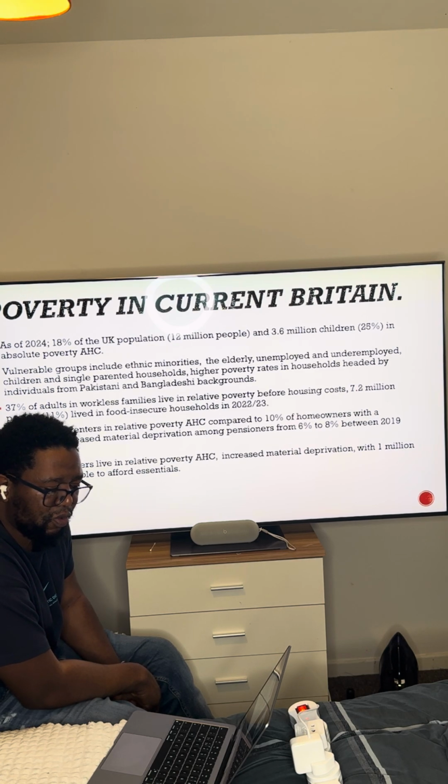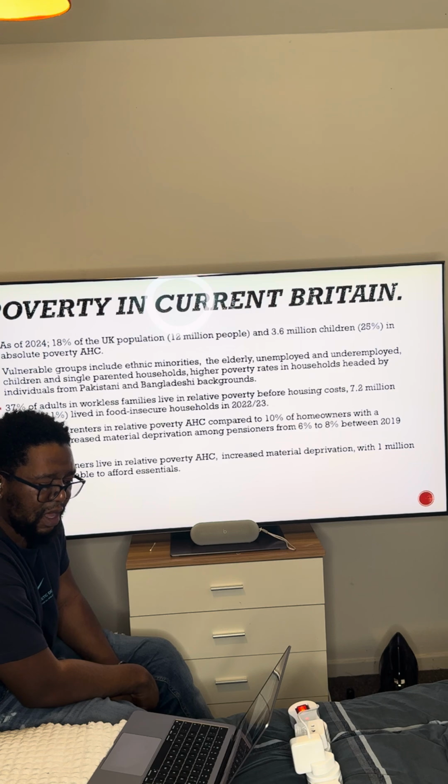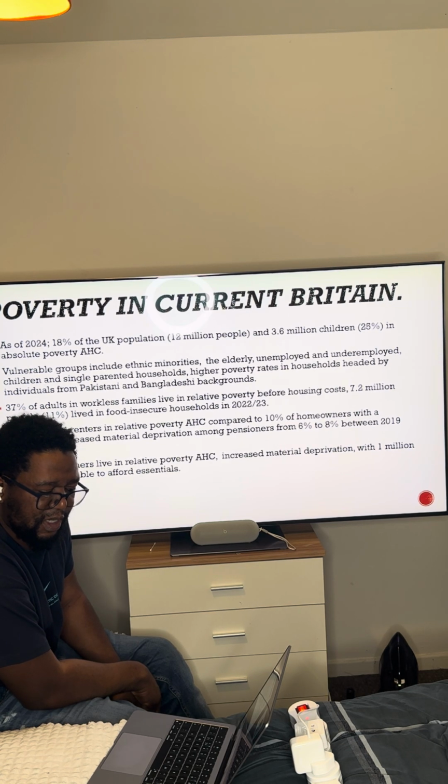7.2 million people, which is 11%, lived in food insecure households as of 2022 and 2023. 44% of social renters live in relative poverty, and 10% of homeowners with a mortgage.